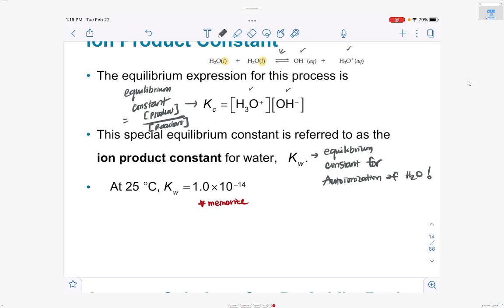Since this is way smaller than 1, we know that at equilibrium, the reactant dominates. Mostly we have water molecules. And the product concentration is very low at equilibrium.